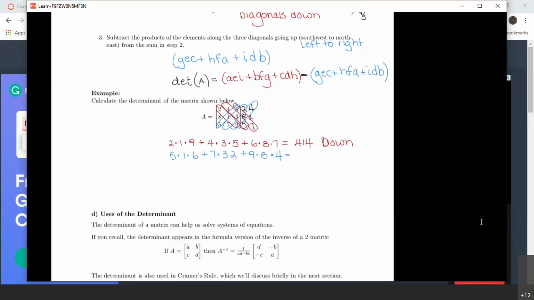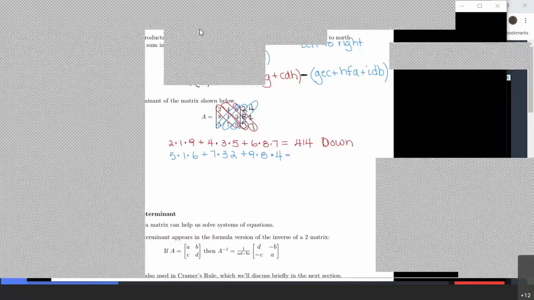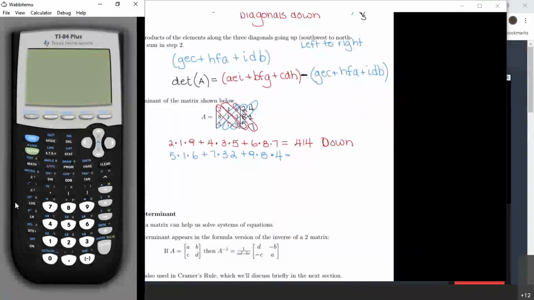I would just go to my favorite calculator, which could be the TI. I'm going to bring the TI up over here and share that with you. Let's turn it on. And that would be 5 times 1 times 6 plus 7 times 3 times 2 plus 9 times 8 times 4 equals. So that gives me 360.